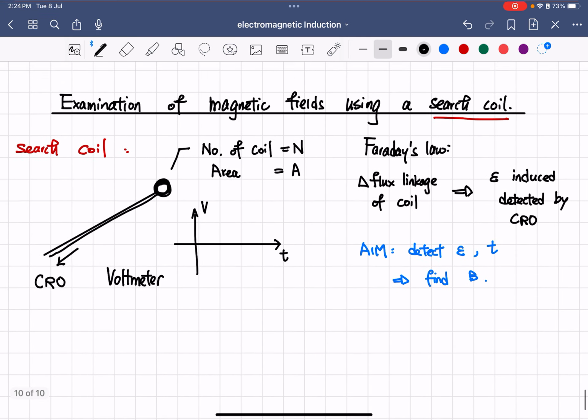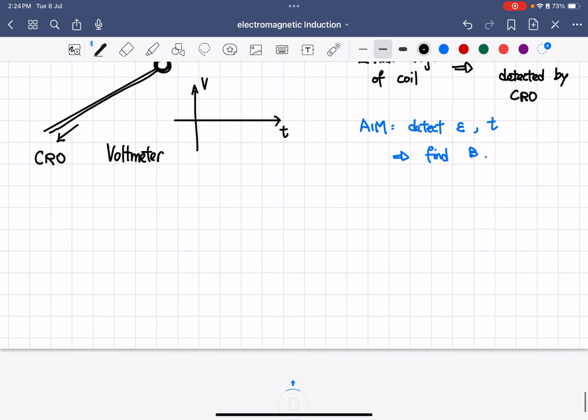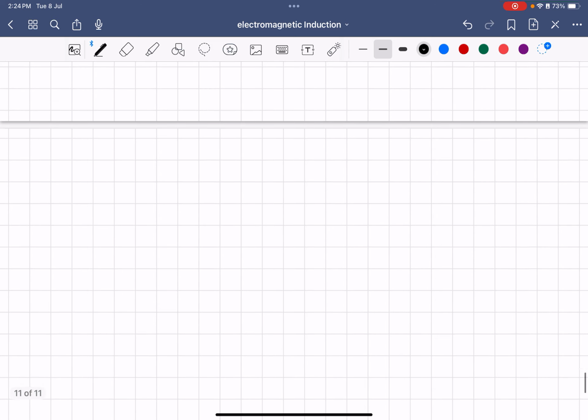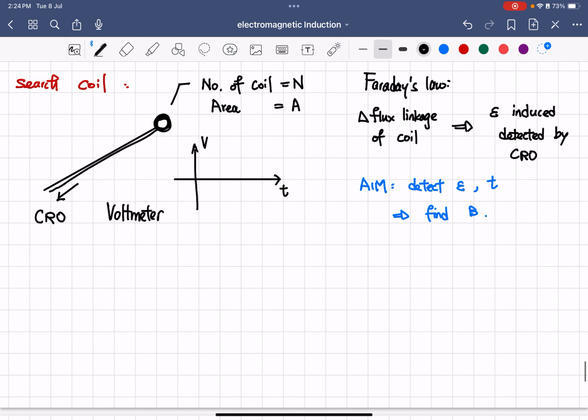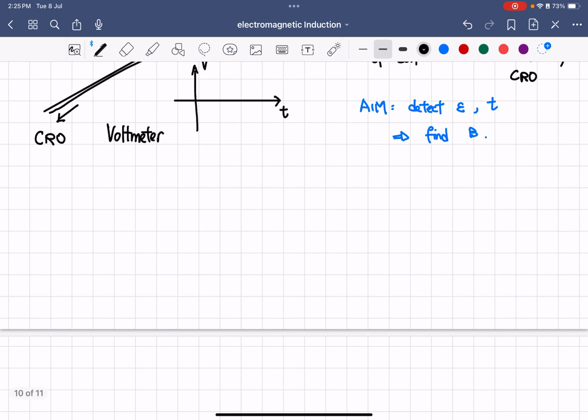Now let's see. There are two cases that we'll study to make some concrete discussion. One is if we have an alternating magnetic field. So case one, you are detecting an alternating magnetic field.